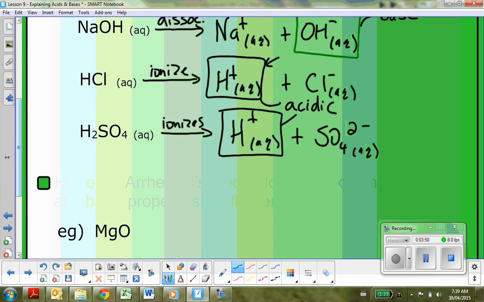That H is going to make it acidic. And my mistake, that's actually going to be HSO4. Sorry. Okay, so what's actually going to happen is this HSO4 is actually going to ionize again. We're actually going to come back to that and talk about that in Monday's class, about when it ionizes again, what that actually means in terms of solutions.